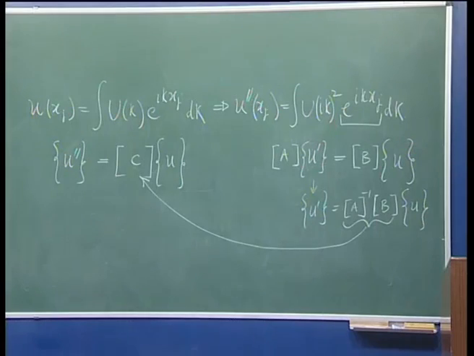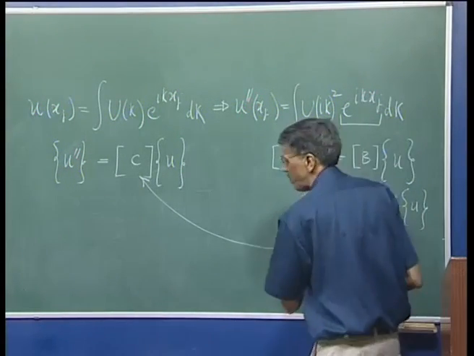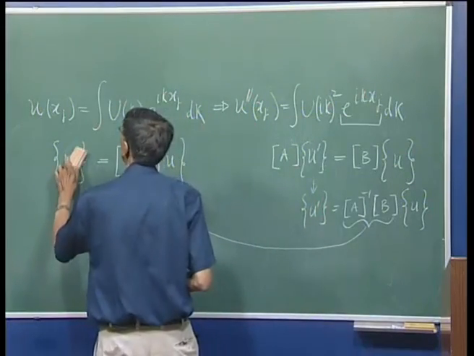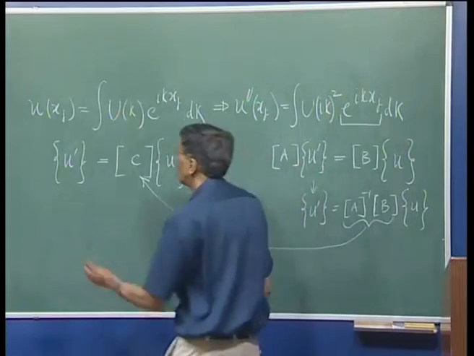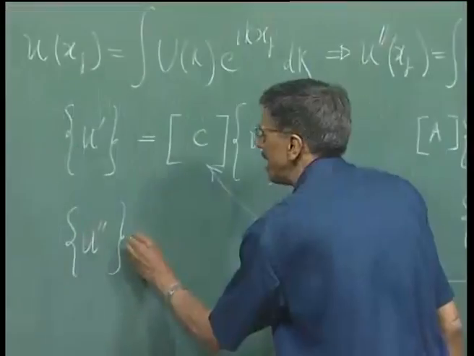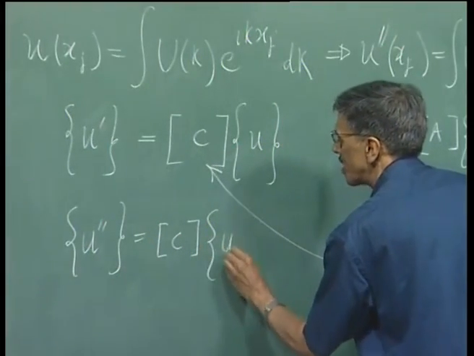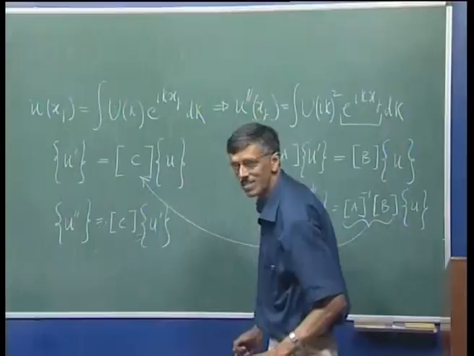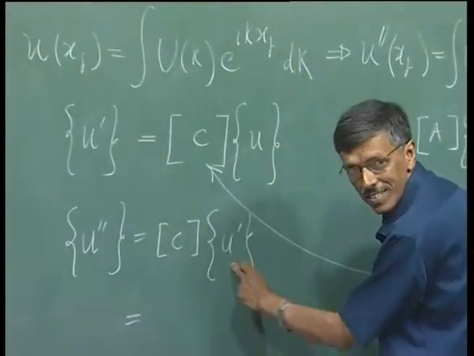Okay. So, this is what we called the C matrix. You see the connection. So, that was for a first derivative. If I have a first derivative like this, I could similarly write a second derivative relating it with the first derivative the same way, and then this itself is C times u.